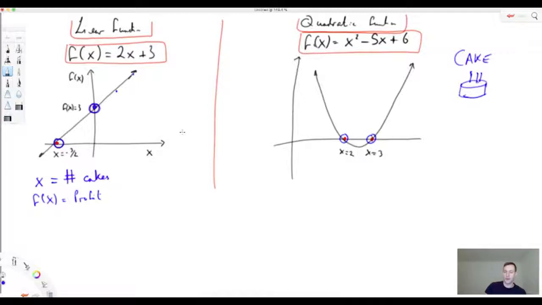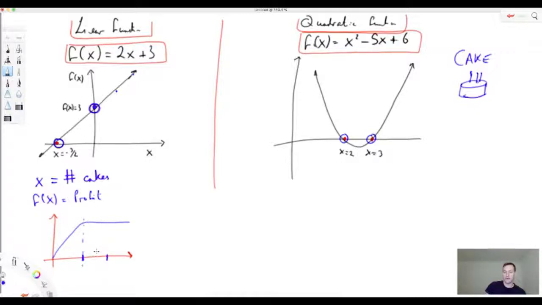Real simple. Now, just imagine for a second, maybe it's not a cake shop. Maybe it's something else, and instead of their function just going up and up forever, it could go up and saturate. It could find a limit and just stop there. There are examples of functions that saturate. In which case you'd find some value and then you wouldn't make any more after that value.